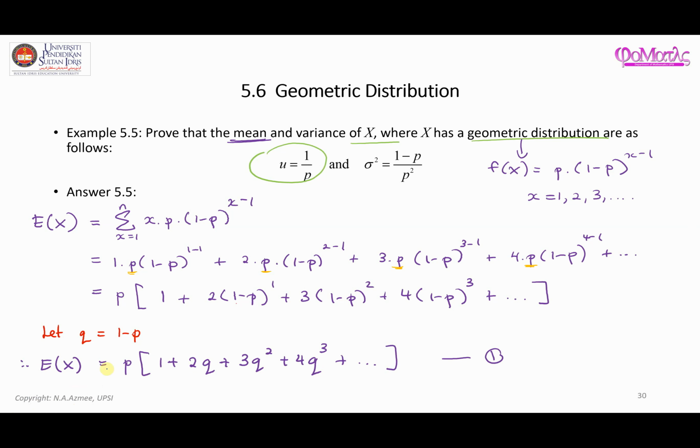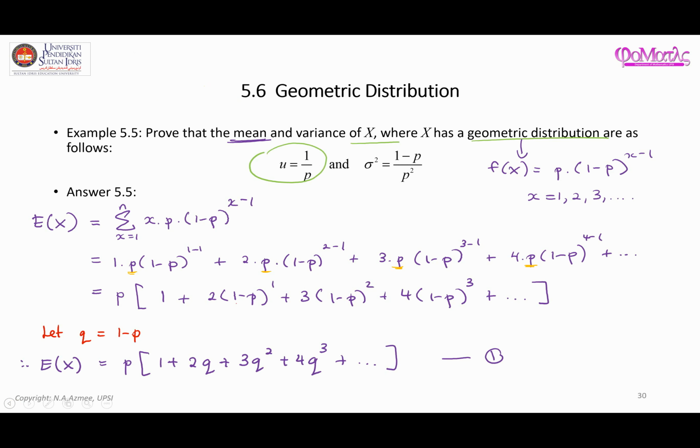So the left hand side will be multiplied by 1 minus p, and the right hand side also will be multiplied by 1 minus p. So that's what we're going to do: equation 1 multiplied by 1 minus p.